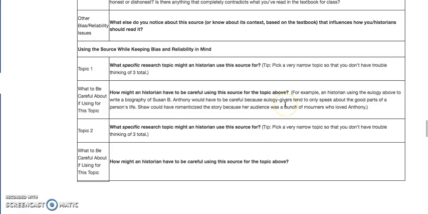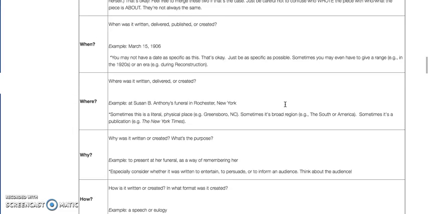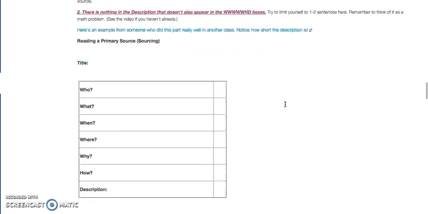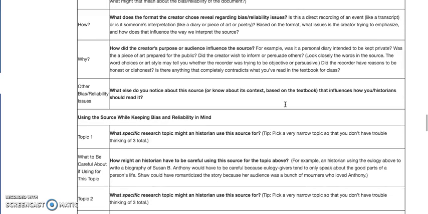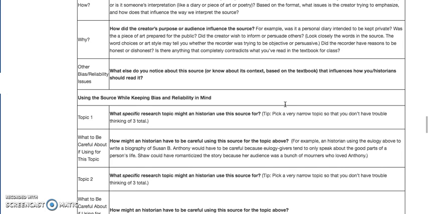So going back to the example that I put at the top about Susan B. Anthony's eulogy as a primary source, of course you wouldn't run across that in this class because it's a little outside of our time frame, but just imagine that that's what you were reading. How would a historian using that eulogy to write, say, a biography of Susan B. Anthony have to be careful? One reason is that if you're using a eulogy, people tend to speak only about the good parts of a person's life.